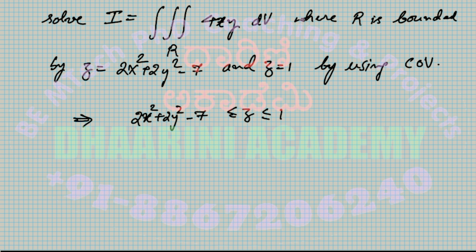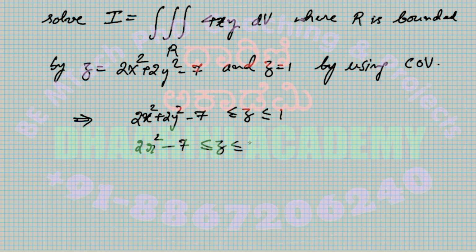So that means I can try to relate this with the cylindrical parameters. What is x square plus y square? It equals r square, correct? So I take 2 outside, I have x square plus y square, which is 2r square, minus 7, less than or equal to z, less than or equal to 1.